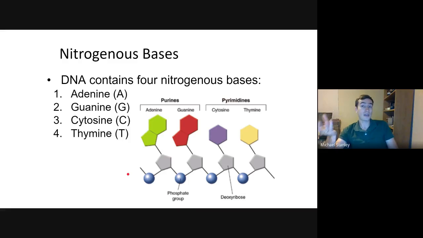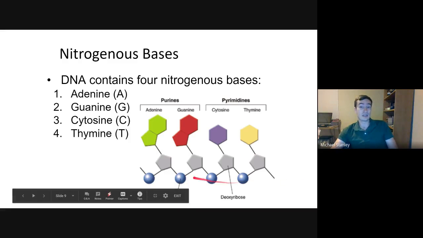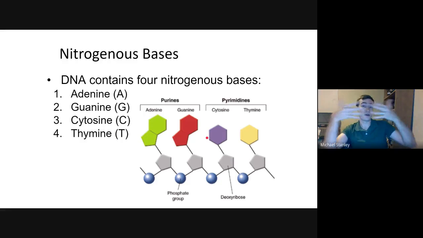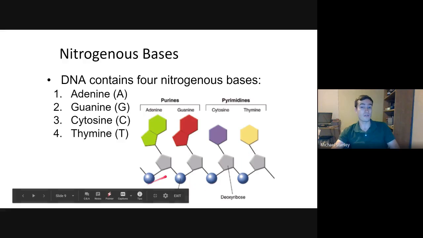And so when you look at a strand of DNA, these phosphates and these sugars are connected to each other, and they're what's going down the sides of the DNA. These bases are what are crossing over in the middle. So all the A's, G's, C's, and T's are in the middle of the DNA, and all of our phosphates and sugars are going around the outside.